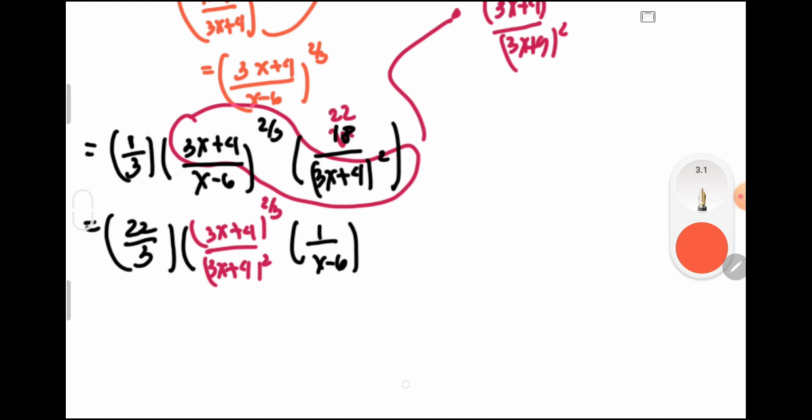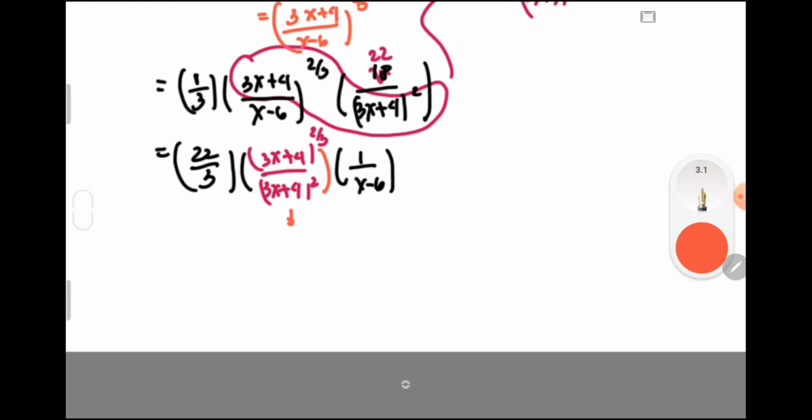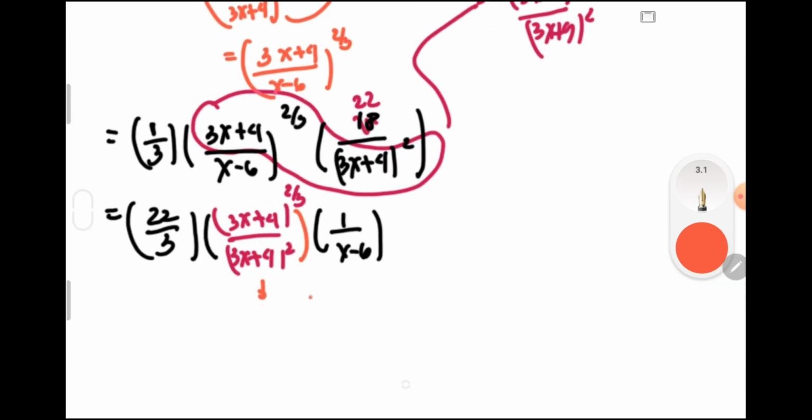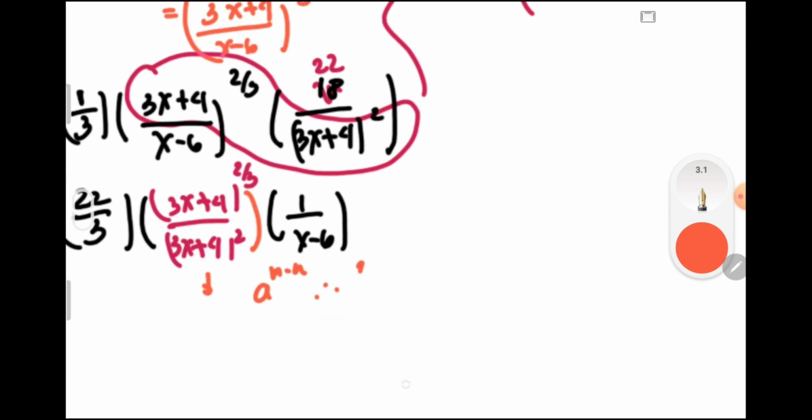So by further multiplication, we'll go back to our rule, which is a raised to m minus n. So we'll have a value equal to 2/3 minus 2, which is equal to 2/3 minus 6 over 3, which is equal to negative 4 over 3.